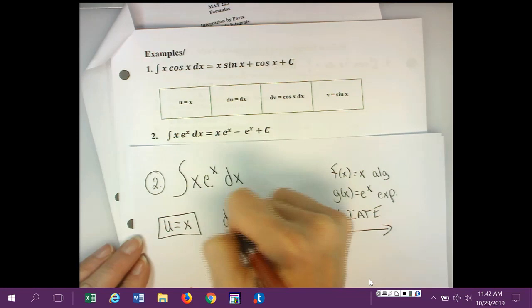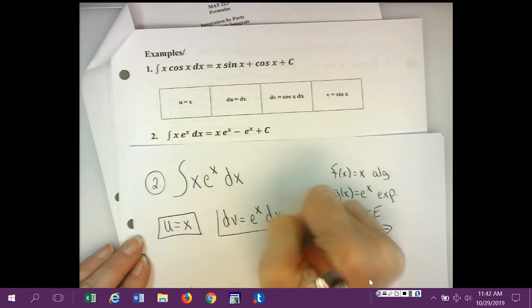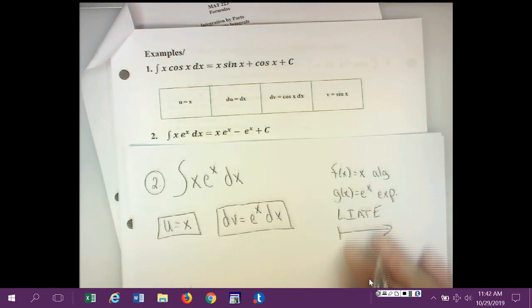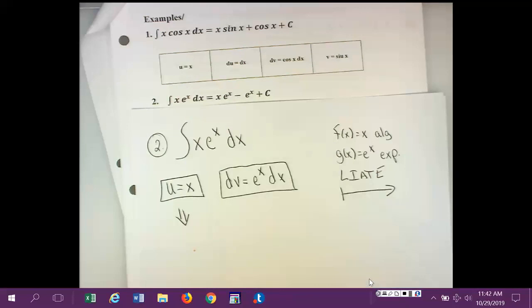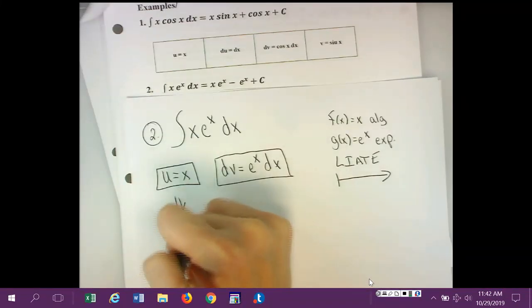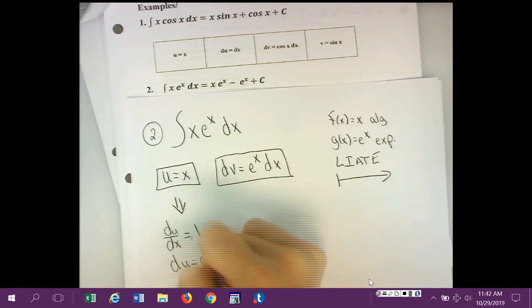Second box, dv, is the rest of that integrand, whatever's left over. And that's e to the x dx. These 2 boxes then determine du, and this box obviously determines v. Du with respect to x equals 1, du equals dx, box.